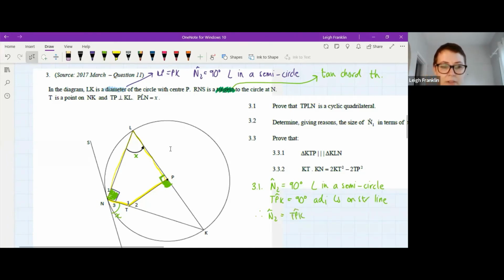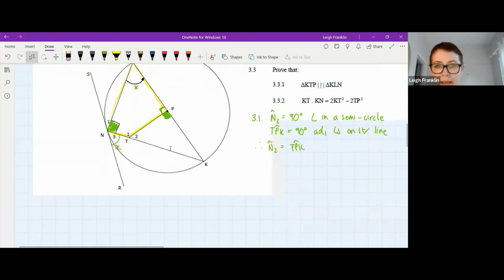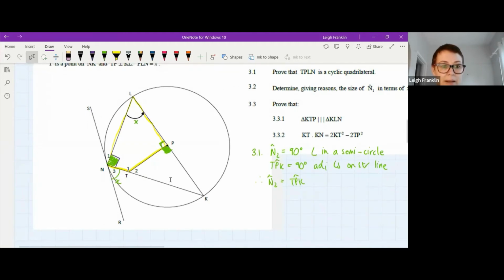And if N2 equals TPK, it means that TPLN is cyclic. So therefore, TPLN is cyclic because of this over here. And we would use the reason: converse exterior angle of cyclic quad.